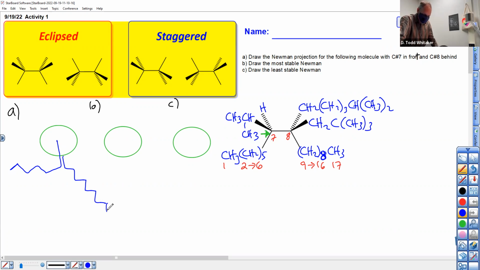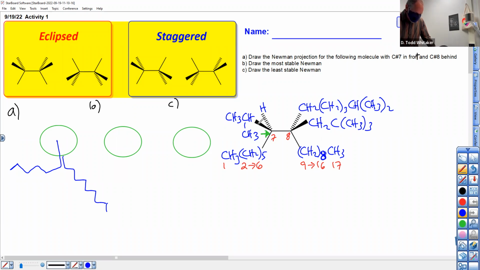And now we got to get on over there. I'm not going to video myself walking over to the screen, but I'm putting my eyeball right here in my mind. I'm using my right hand to get to that isopropyl right there. That's to my right. If I'm standing over there, every wedge is to my right and every dash is to my left, if I'm standing where I'm supposed to be standing.